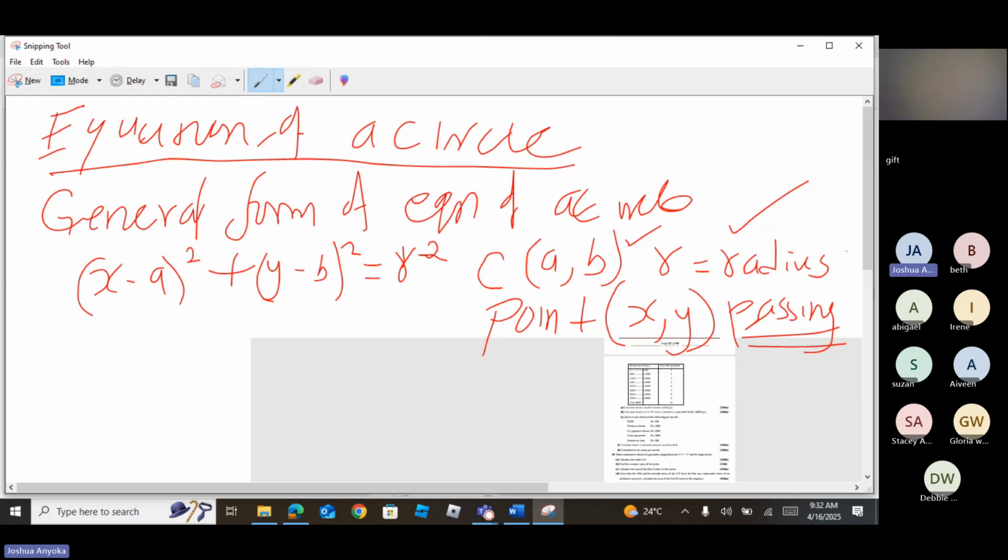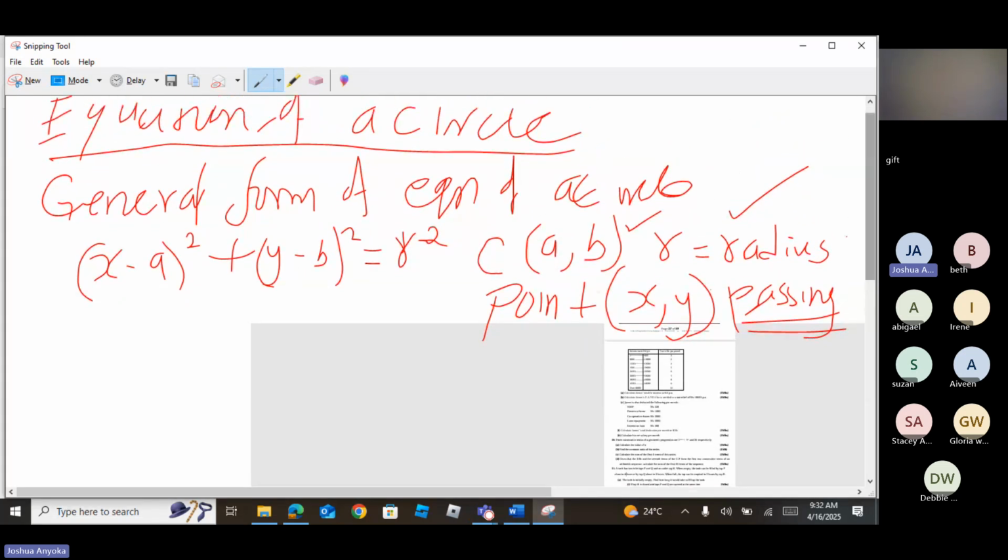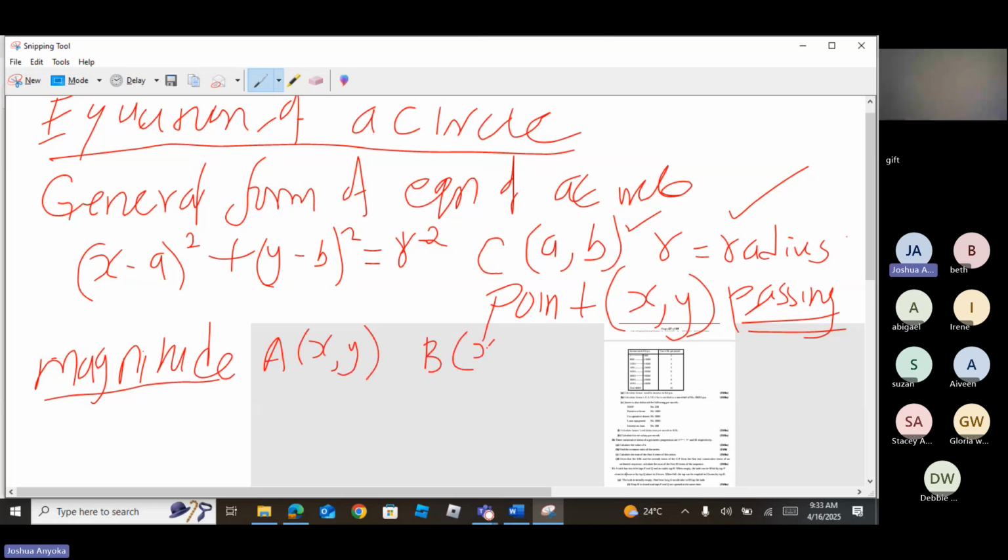Still in the equation of a circle, we need to understand how to find the magnitude of a vector. For point A, which is (x, y), and point B, which is (x1, y1), the magnitude of AB will give us the radius.